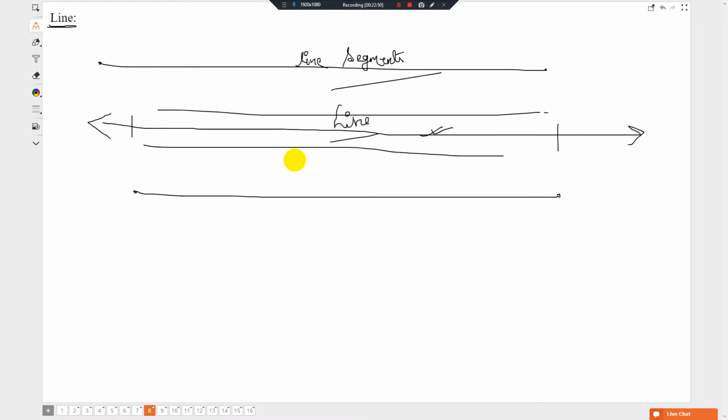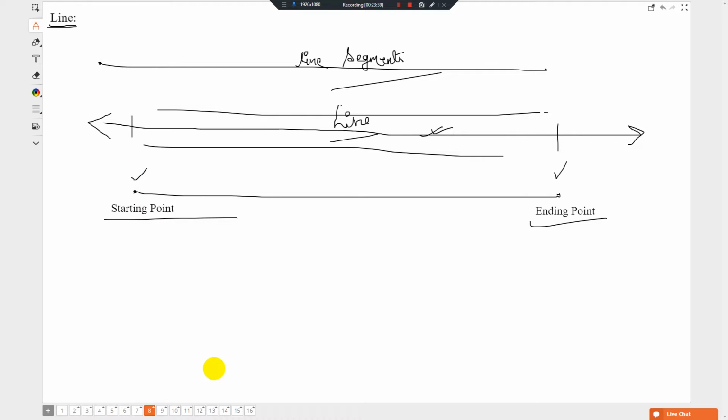So a line segment is a part of a line, and also it has 2 points, which are the starting point and the ending point. The point in which the line segment starts is called the starting point. The one in which the line segment ends is called the ending point.